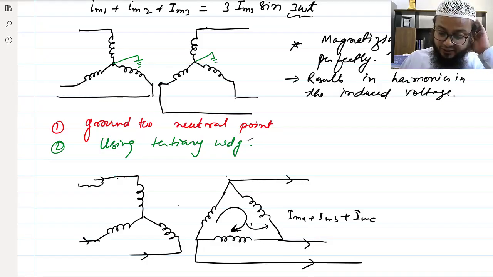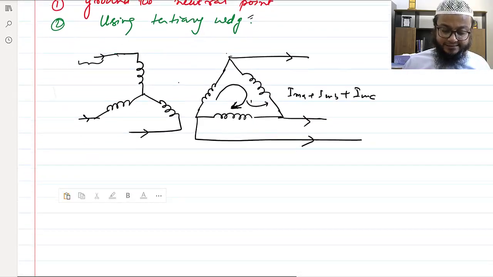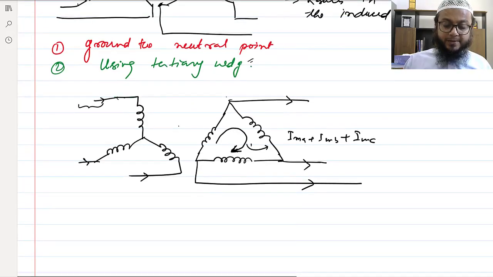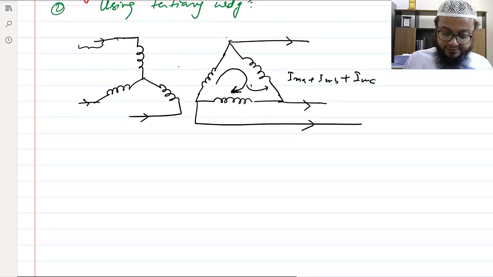So this is one technique: if I want to use a star-star connected transformer, then generally either the neutral point is grounded, or a tertiary winding is used.